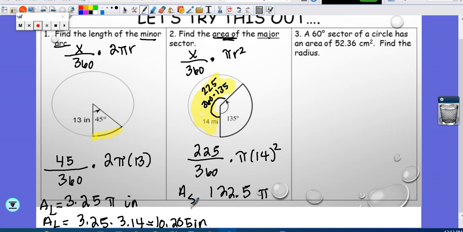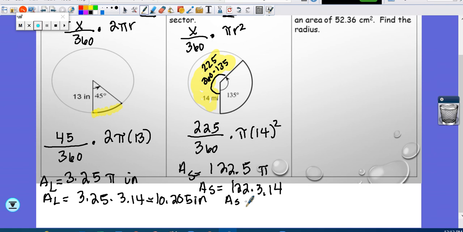That would be the area of the sector. That would be the exact answer, and to get the approximate answer, we would do area of the sector equals 122.5 times 3.14, which would be the area of this sector, is going to be equal to 385.65, and we're going to say inches squared.